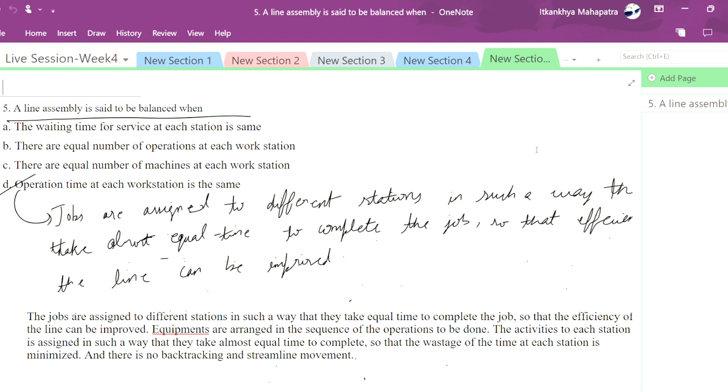Okay, so what we do is we first balance the activities, and then we calculate the idle time, then we calculate the minimum number of workstations which is ideal for that complete activity.